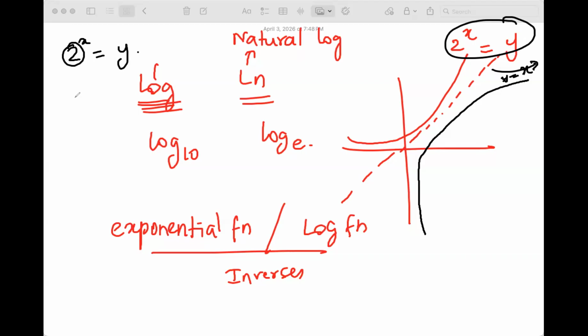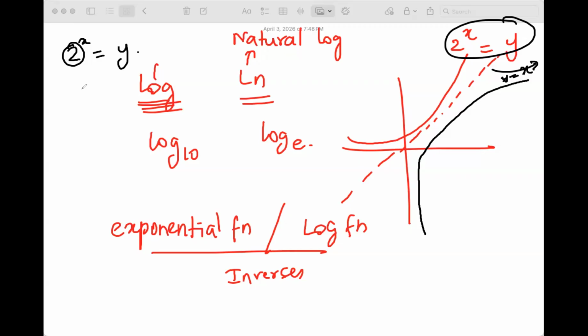Arush, have you covered this in school? Writing exponential function as logarithmic function. Have you covered that in school? Yeah. Oh, then you know? Okay, so how do you do this? Just the inverse. Yeah, just the inverse, but 2 power of x equal to y means how do you write that as a logarithmic function?